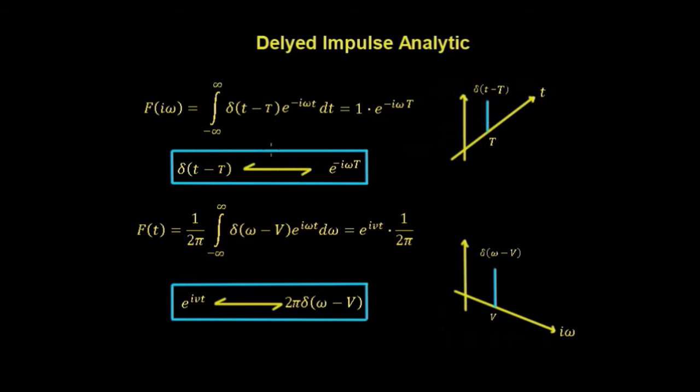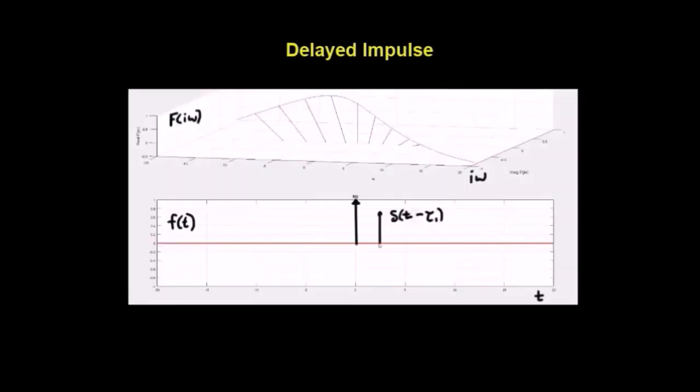So let's have a look at that graphically, and it'll be more intuitively obvious when we see it in a graphical format. What we have here is the time axis. The bottom one is a function of time, which is just our delta function, which is delayed. In this instance we've delayed it by this factor of t1. The drawing at the top is the Fourier transform of this delayed function, which we've done graphically in 3D.